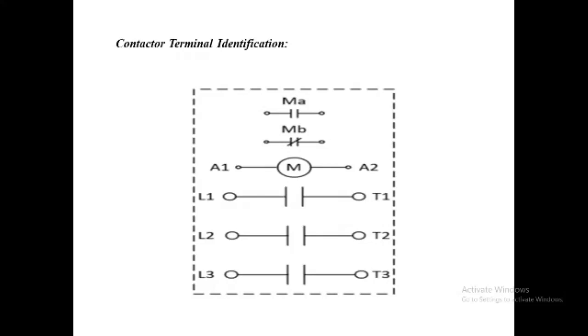As long as current flows through the coil, the contactor remains closed and power flows to the motor. The motor stops when the current to the coil is removed, de-energizing the coil. When this happens, a spring in the contactor pushes the contacts open and stops power flow to the motor.